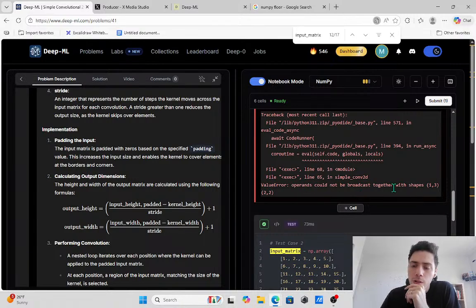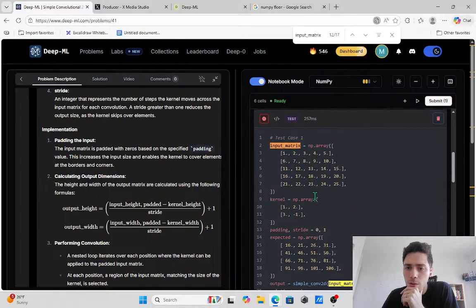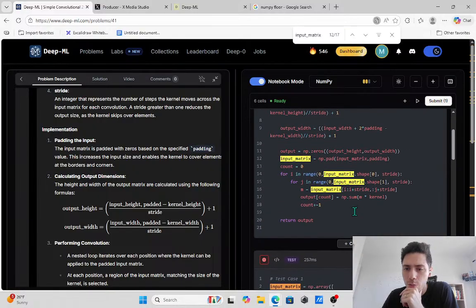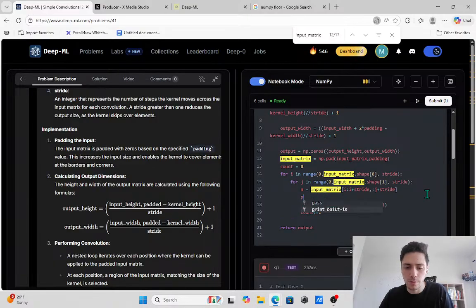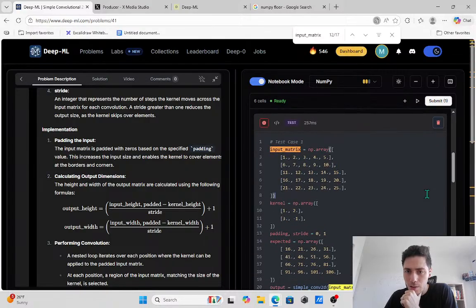Cannot be broadcast together with shape. I'm assuming it's this. It's print. It's also print. The old way of debugging, just print statements. Run this.